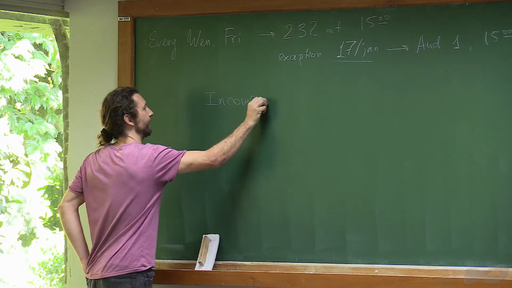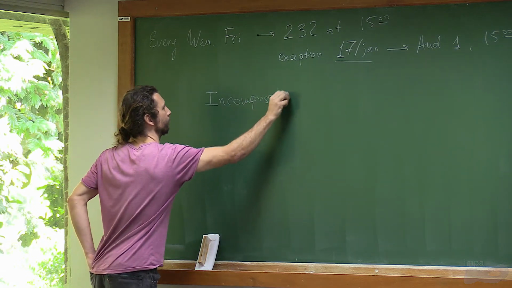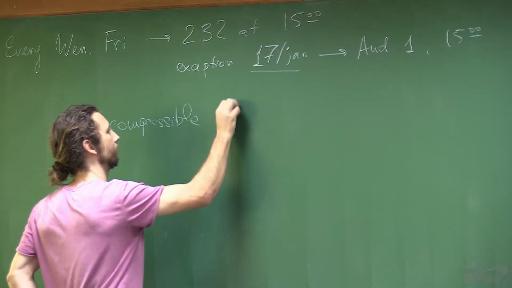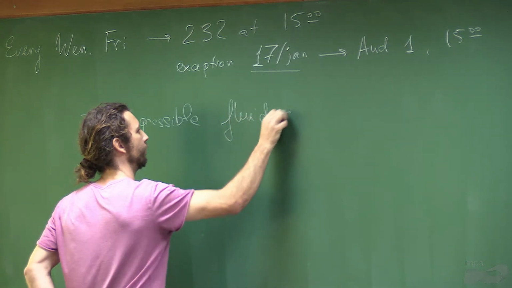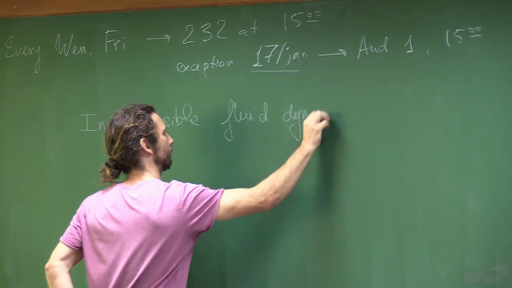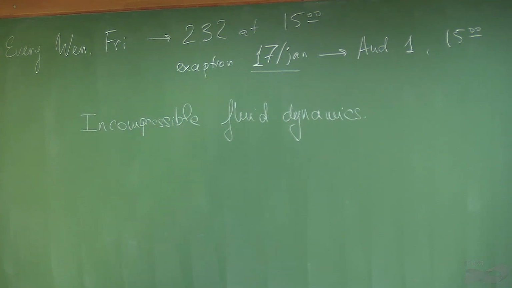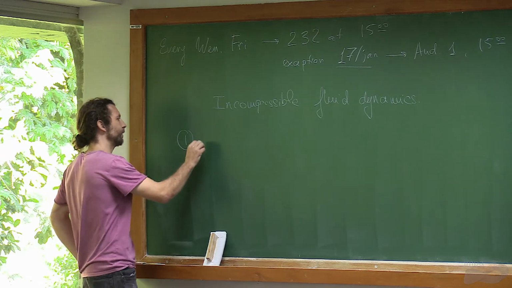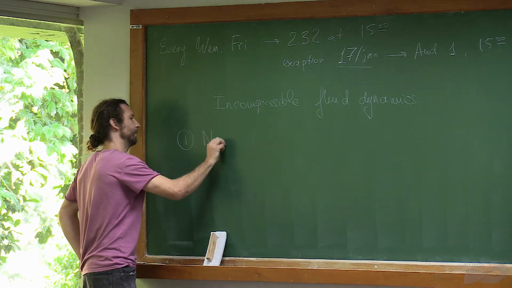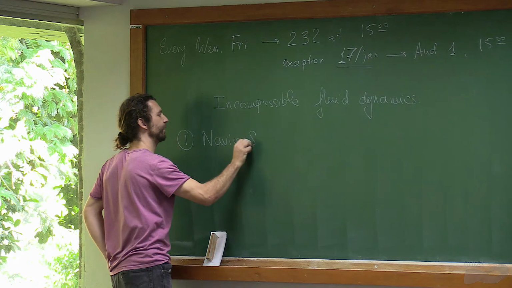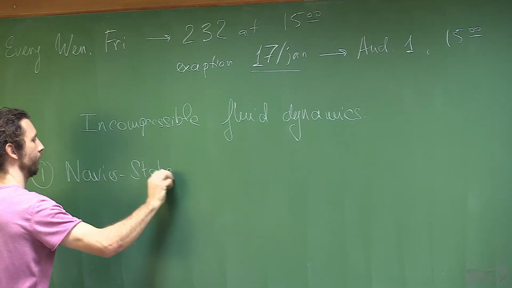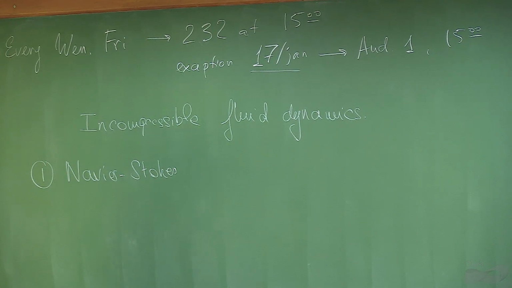To begin, the topic of this first lecture is simply incompressible fluid mechanics, some basics. As far as we know, the relevant equations in that case are called the Navier-Stokes equations.